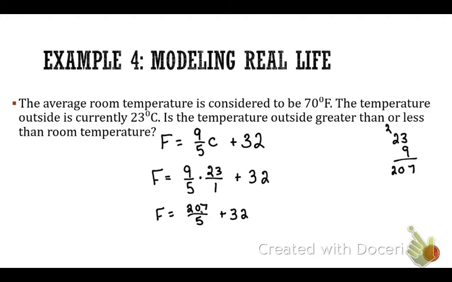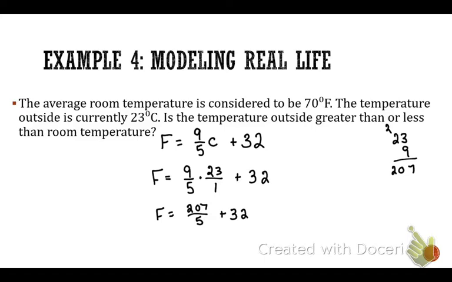Well, what do you think you need to do with this fraction? You've got to divide it. I can't say the Fahrenheit is 207 divided by 5 plus 32. They're going to look at you like, is that supposed to tell me something? That's not telling me anything.